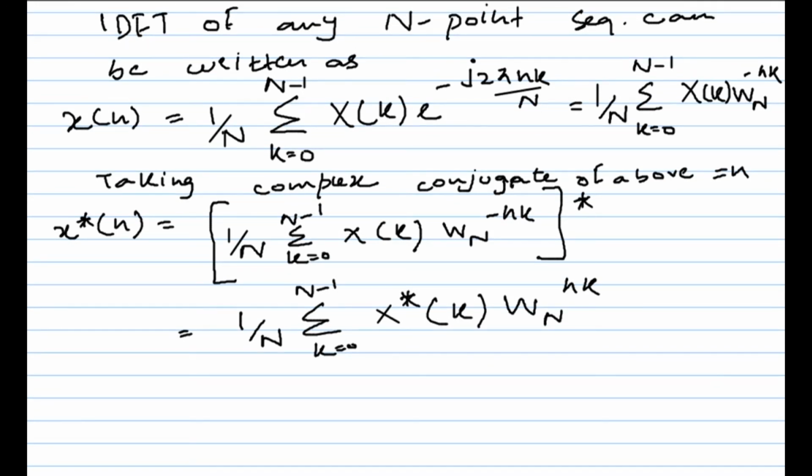So this becomes equivalent to 1 by n summation k running from 0 to n minus 1, x conjugate k Wn nk. The conjugate of Wn minus nk is Wn nk, right?